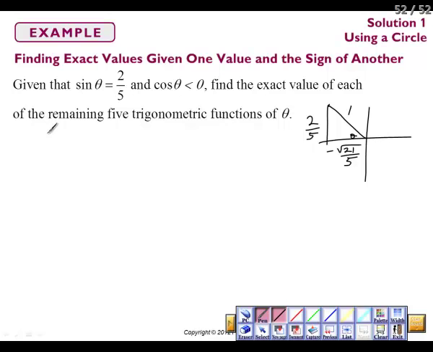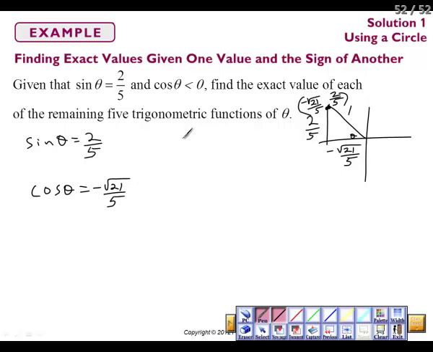So we can say that this point right here, we know that sine is the y value, right? That's 2 over 5. Cosine is the same as the x value. So the x value is negative square root 21 over 5 for this coordinate point. So we know that sine theta is 2 over 5. And we know that cosine theta is a negative square root 21 over 5.